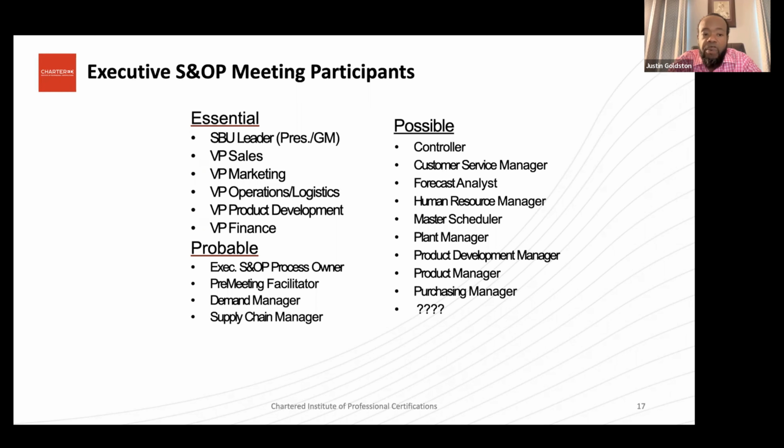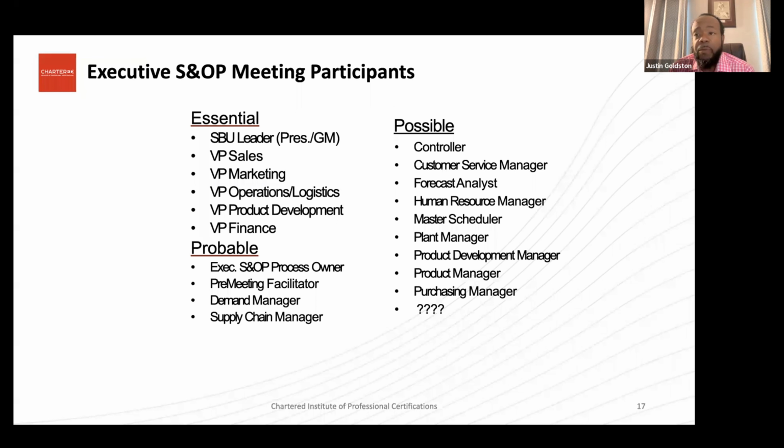We also want to bring in, let me back up. I did say that we have essential, probable, and possible buckets, and we split these up into buckets because it depends on the size of the organization.